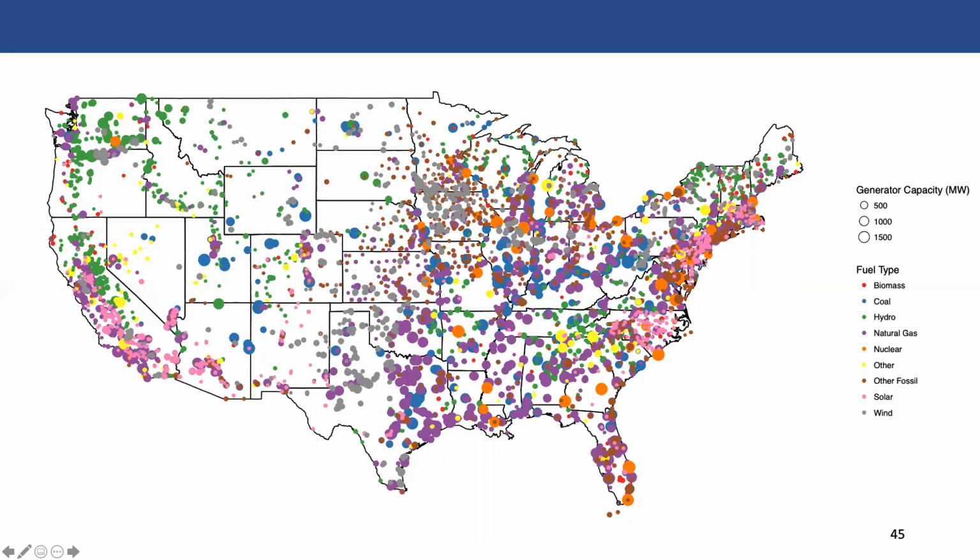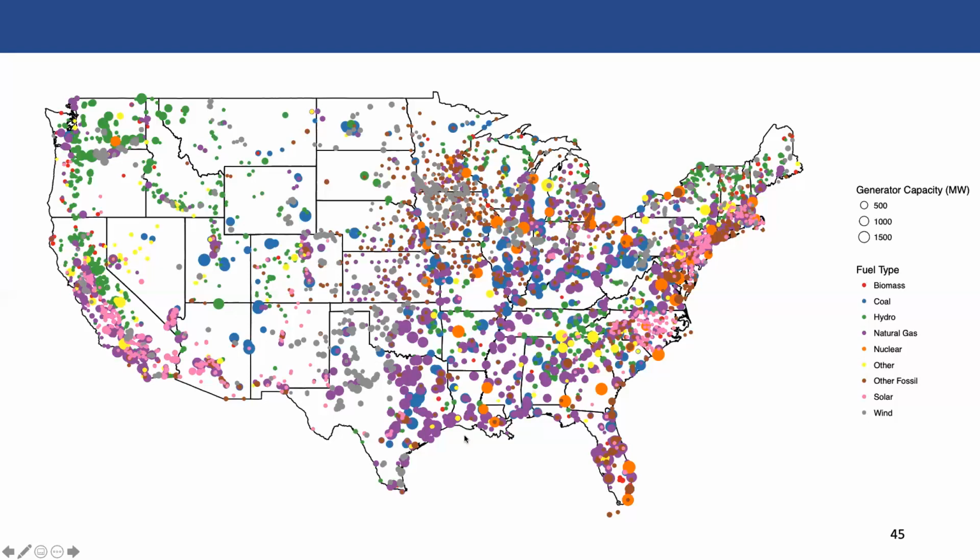So blue is coal, and purple is natural gas. One of the things you'll notice is that there's a lot more coal in the Midwest and on the East Coast. There aren't so many coal plants on the West Coast, and in fact, in California, we're not even allowed to operate any coal plants. So you won't see any blue dots in California, although technically we do import some from other states like Nevada.